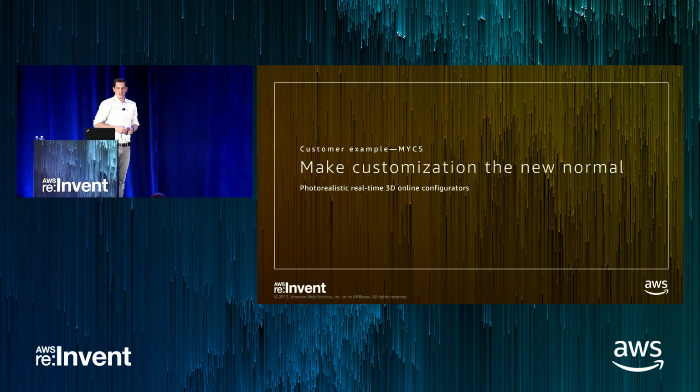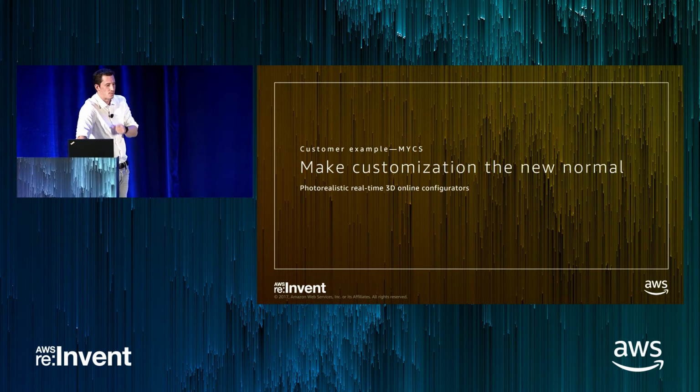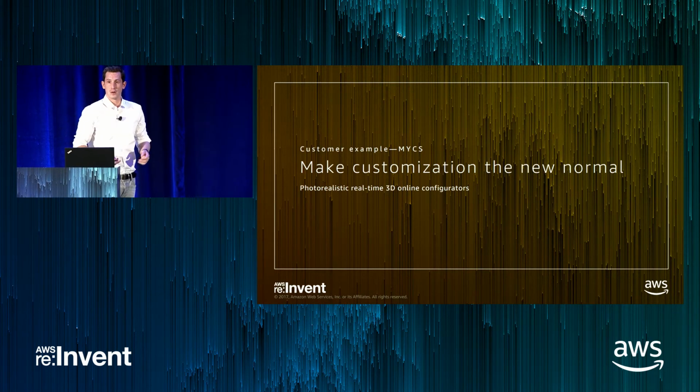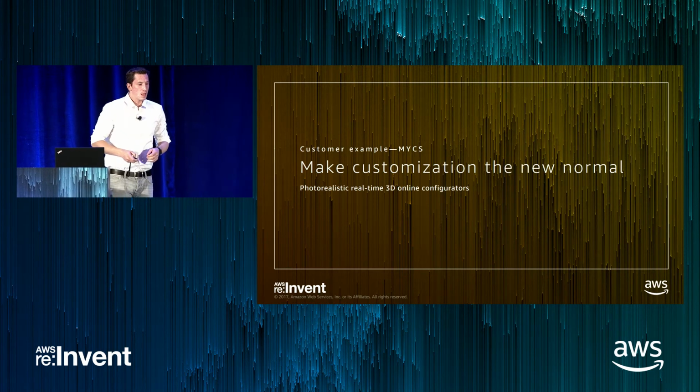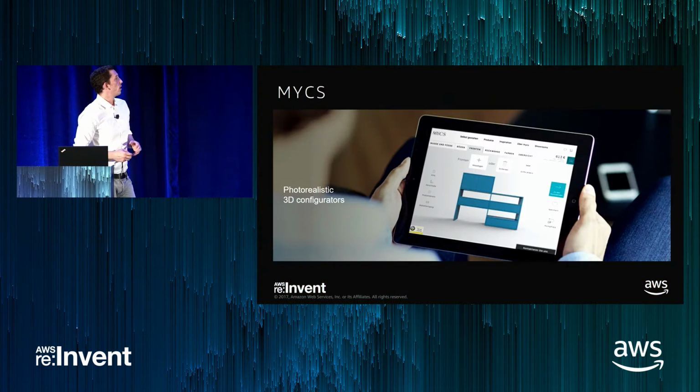All right, hi everybody. I'm Claudio. I'm the CTO of Mix. And we sell furniture, modular furniture that you can customize yourself, and that way you can build your own shelf, wardrobe, couch, and so on. And we do this by offering 3D online configurators that work in real time, and you get a photorealistic representation of what you're building.